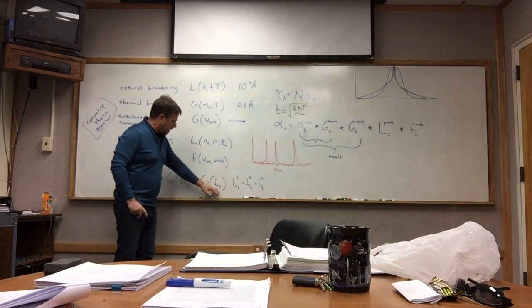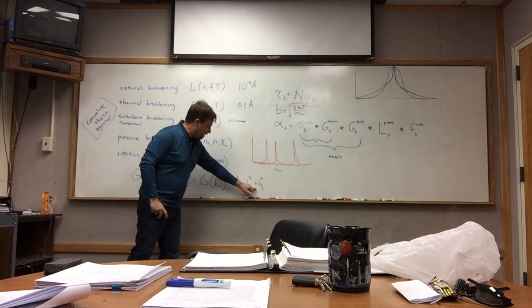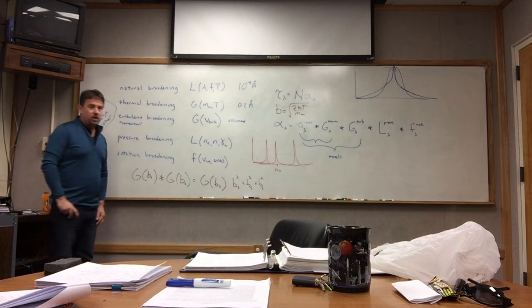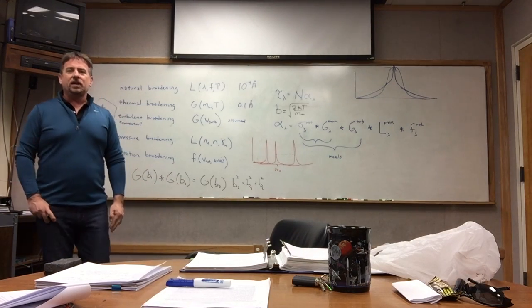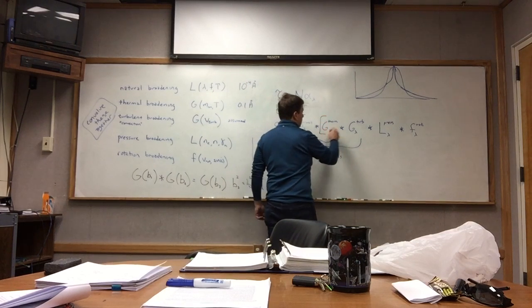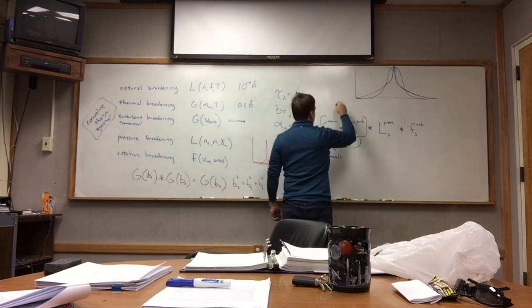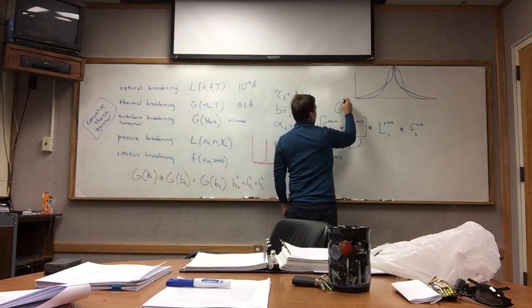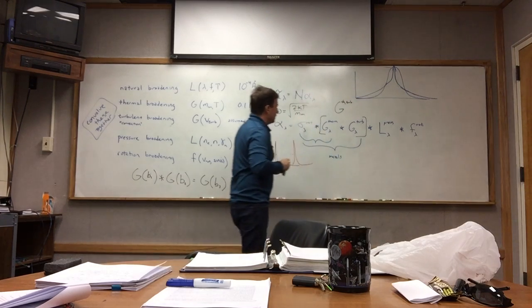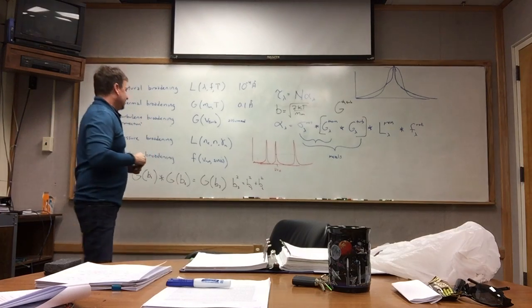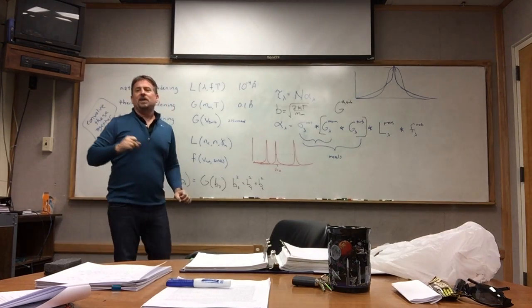You get out a new Gaussian with a certain width, which is the quadrature sum of the thermal and turbulent parameters. That's very, very convenient. That means this can be combined into a super Gaussian, thermal and turbulent. Simplified some math for you right there.